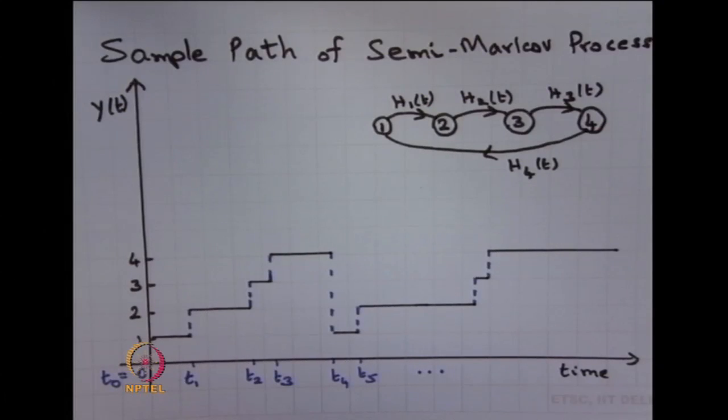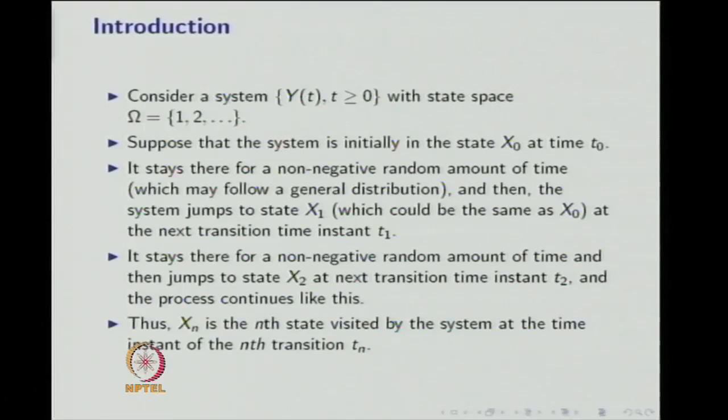Go back to the previous slide. The system was in the state x0 at time t0, and at time t1 the system moved to the state x1 and so on. Thus, xn is the nth state visited by the system at the time instant of nth transition Tn.